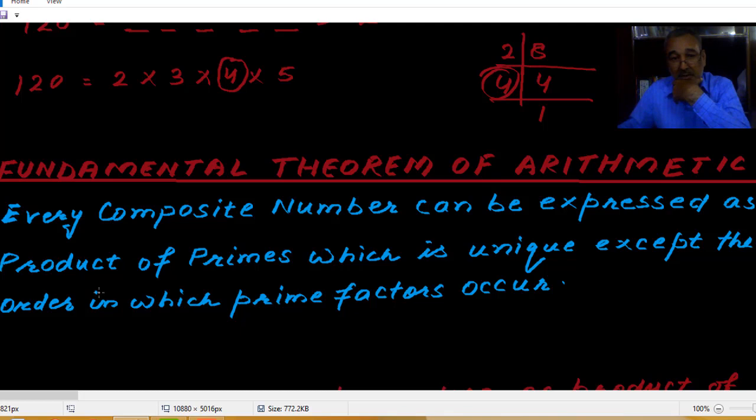And what is this basic theorem? As I have seen in earlier examples, 8 is expressed as a product of primes. 120 is expressed as a product of primes. So I can express every composite number as a product of primes. So this is the fundamental theorem of arithmetic.